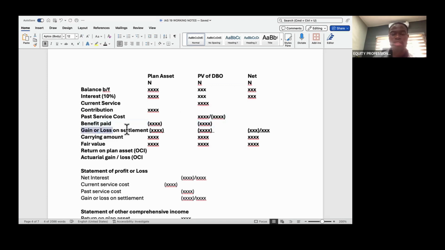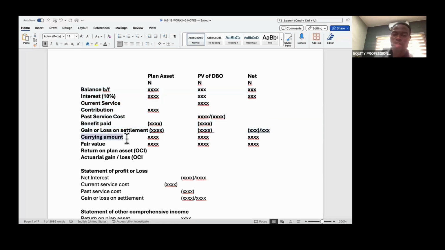When there are curtailments, we would have gain or loss on settlement because we're going to be settling from our plan assets vis-a-vis reduction in our obligation. If we're able to negotiate a deal whereby we are settling for less, we'll probably be making a gain. It can be a loss also if we are settling more than our obligation. Basically, typically, this is what you would find at the most extreme in your exams.